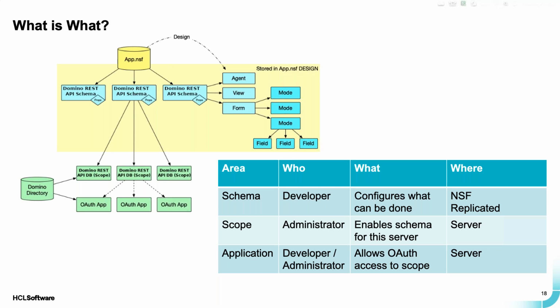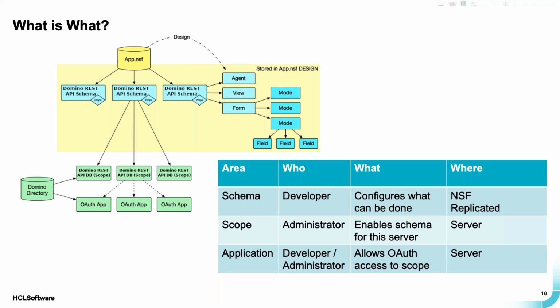The scope is used to enable access to a particular schema on a particular server. And so if you've got a friendly administrator, there's no reason why they wouldn't allow the developer to actually create that scope.